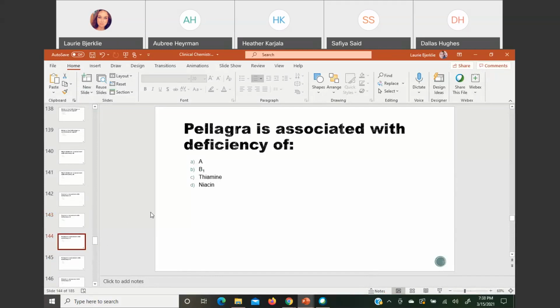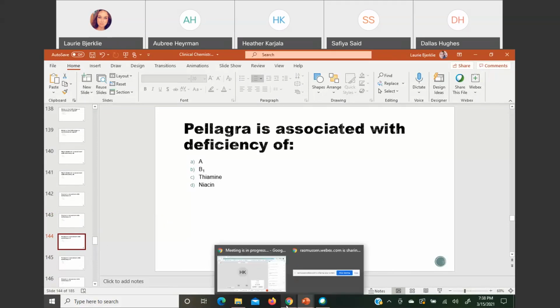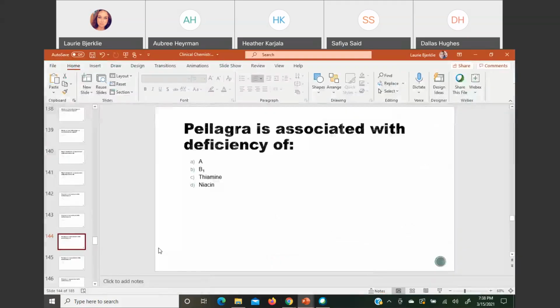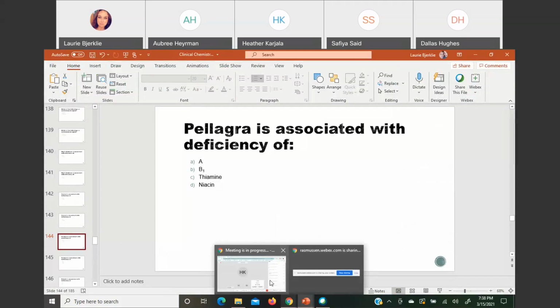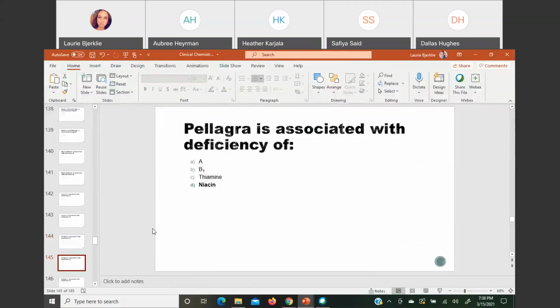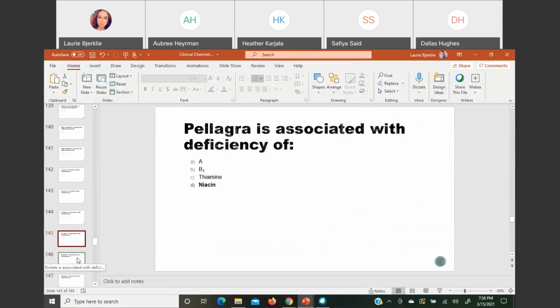Pellagra is associated with a deficiency of what? All right, this one's a little trickier for you guys. It is D, niacin. Rickets is a deficiency of?